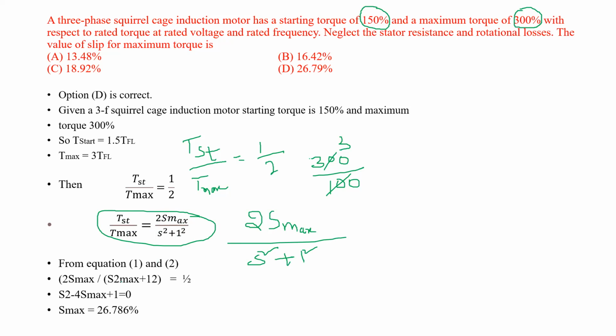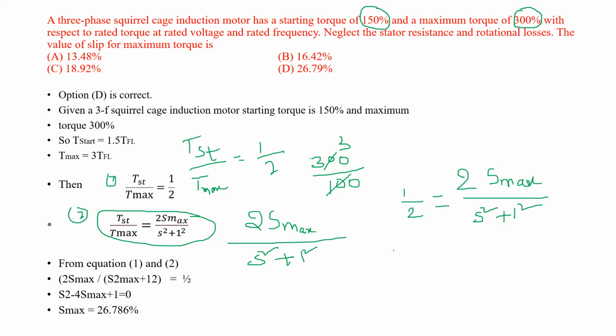So from this equation and that equation, 1 by 2 is equal to 2 into S maximum upon by S square plus 1 square.